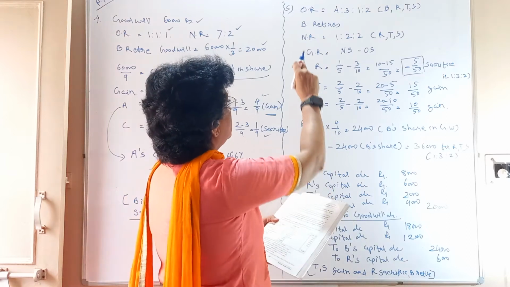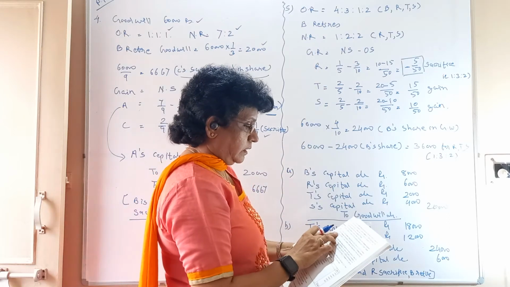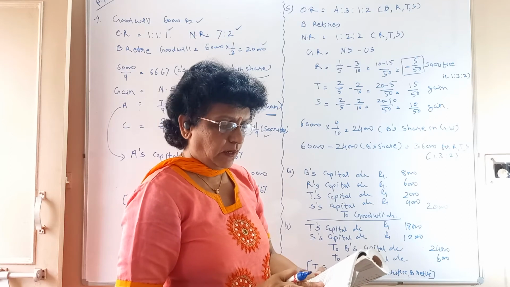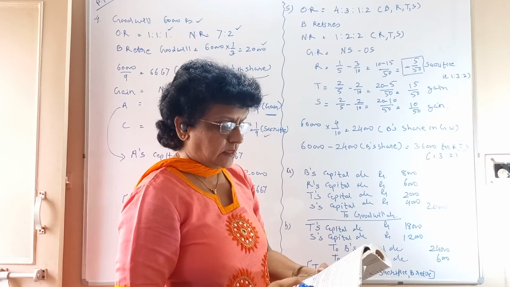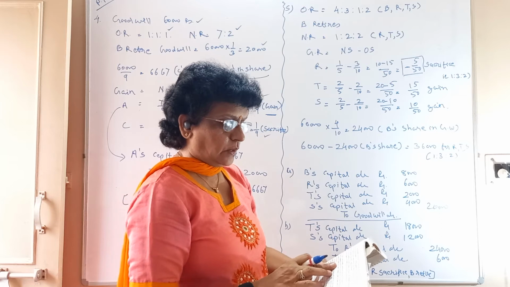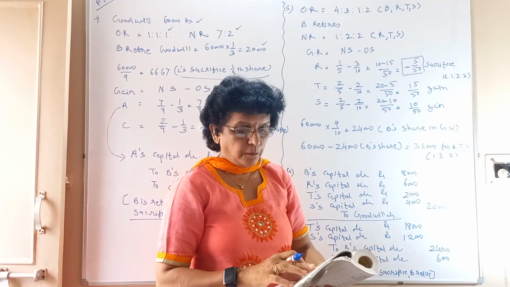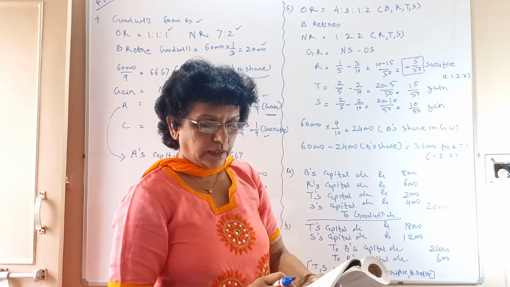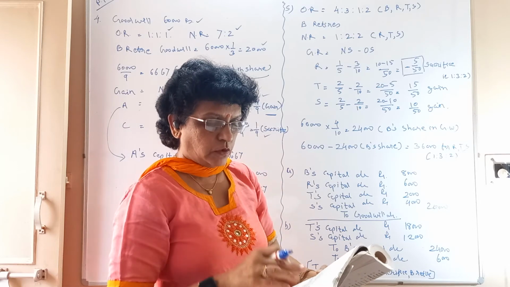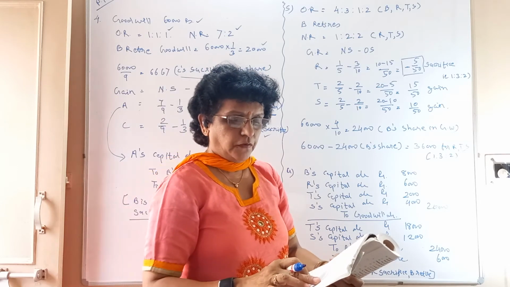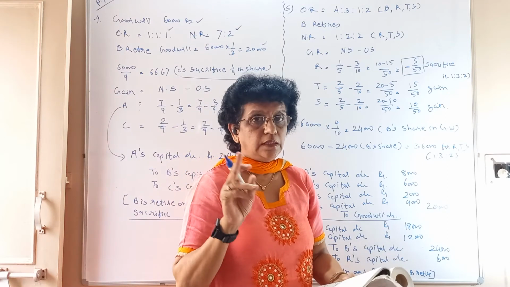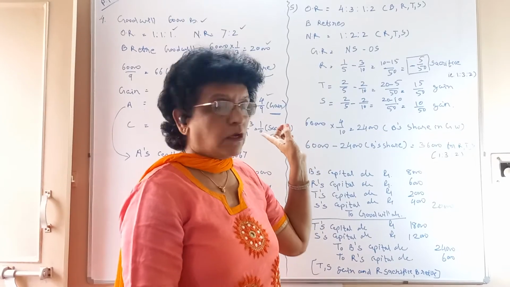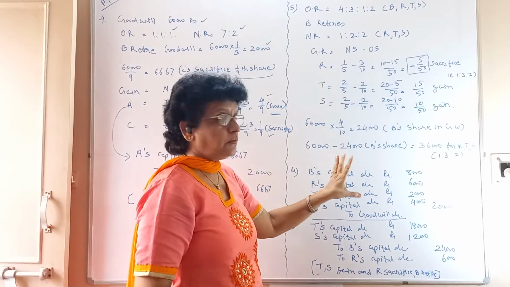B retired. Who retired? B. Goodwill appeared in the books of account. The existing goodwill is 20,000, and at the time of B's retirement, goodwill is to be valued at 60,000. R, T and S have decided to share the future profit in the new ratio of 1:2:2. So again, like the previous question, you have the old ratio, you have the new ratio.